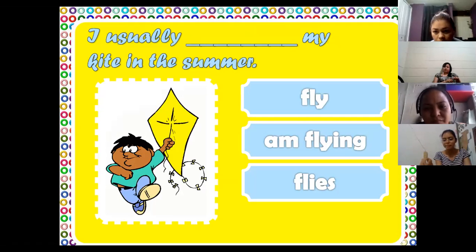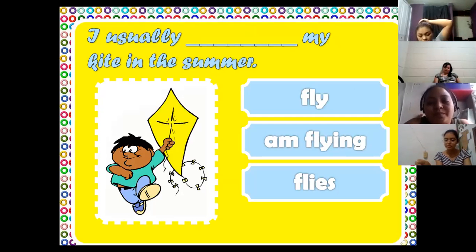Todavía no he comprendido, Leslie. ¿Qué significa I am flying? Que lo está haciendo en el momento. Vaya, y vea lo que le dice en la oración. ¿Será que lo está haciendo en el momento? No. I usually fly my kite in the summer. Yes, I usually fly my kite in the summer.